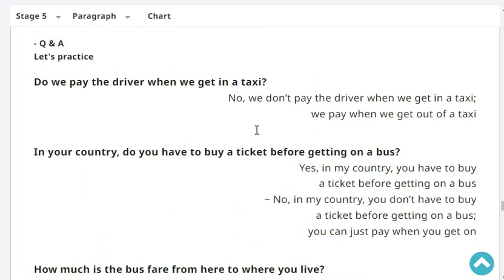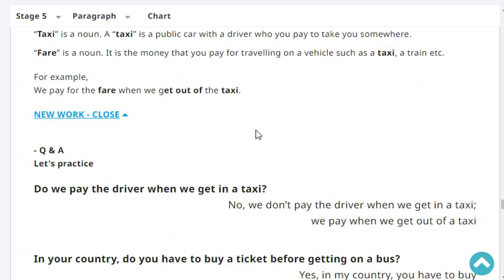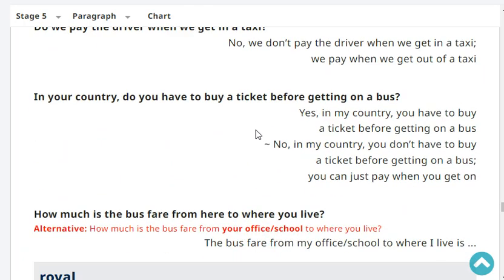Let's practice. Do we pay the driver when we get in a taxi? No, we don't pay the driver when we get in a taxi. We pay when we get out. But in your country, do you have to buy a ticket before getting onto a bus? Yes or no?